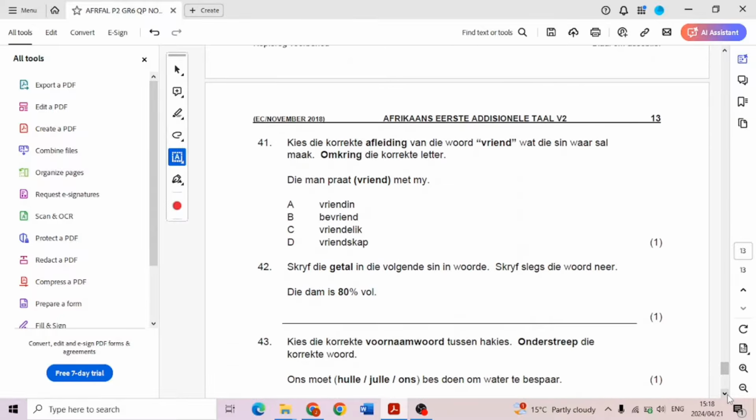Kies die korrekte afleiding van die woord vriend wat die sin waar sal maak. Afleiding is more like suffix and prefix. Die man praat, so the man speaks friend with me. So they're trying to say the man speaks friendly to me. So the right answer is C.